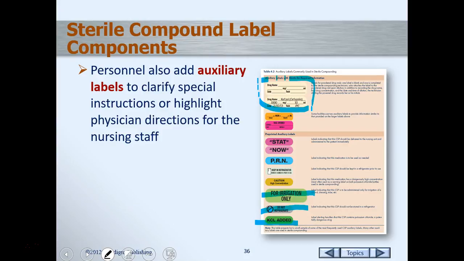So if we're on a code and the doctor wants a Versed drip, the technician or the pharmacist who's there makes the IV right there on the cart and hands it to the nurse to hang. It must have a label on it. So we have some labels that can just be filled in with pen in an emergency for the protection of that compounded sterile product. So those are what labels might look like.